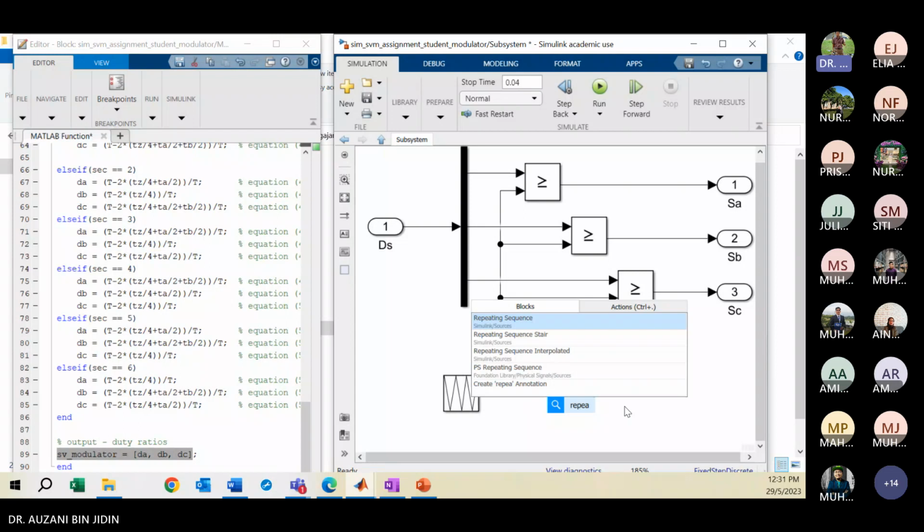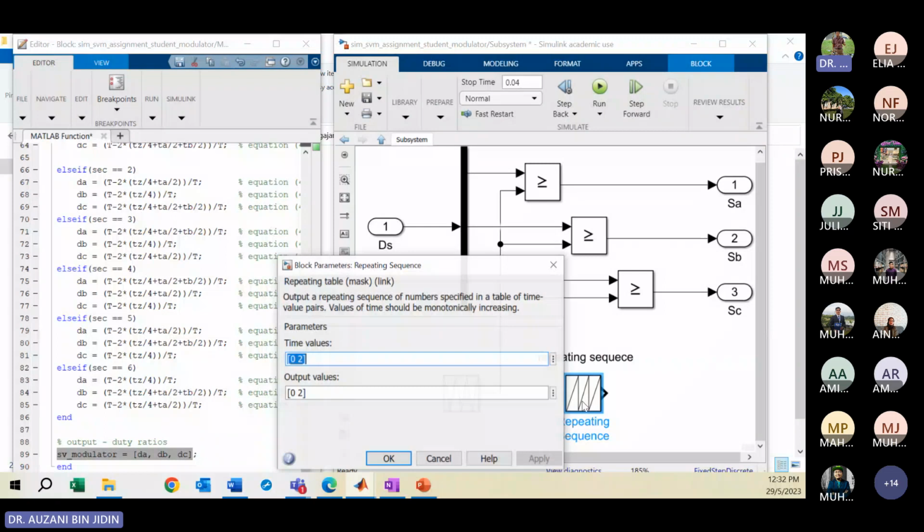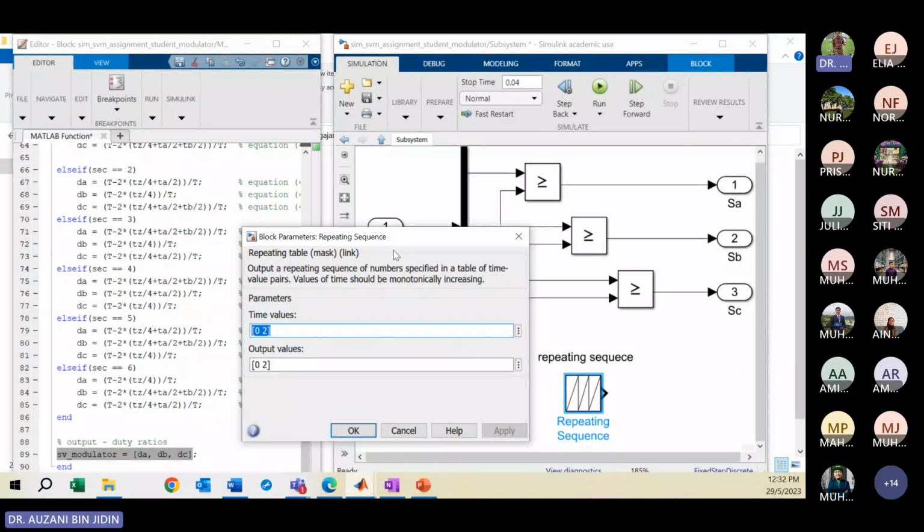To design the triangular, in order to use this block, you need to design one complete cycle of the triangular wave shape. You double click this block. You must fill up these two rows, time values and output values.